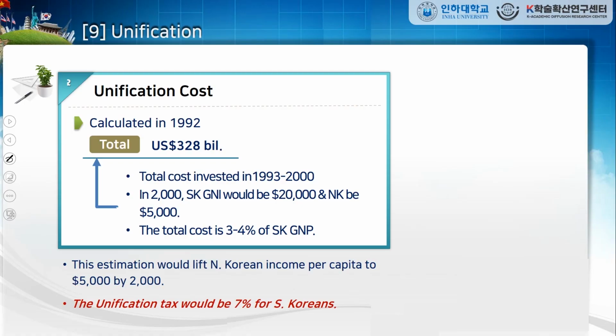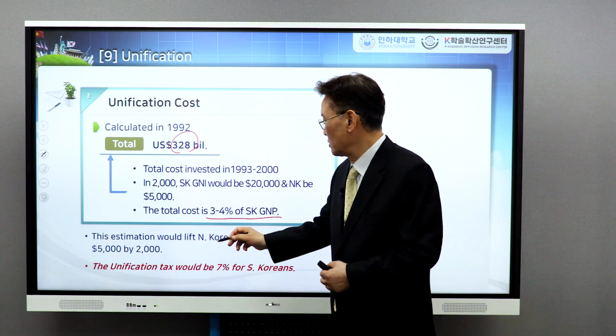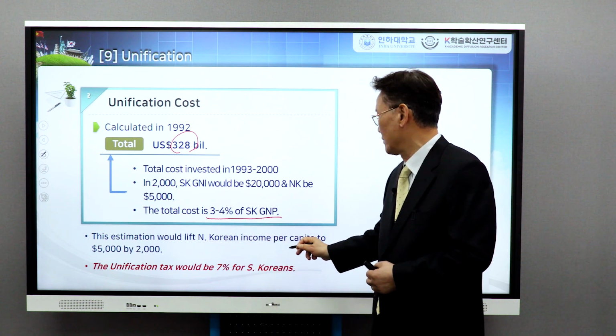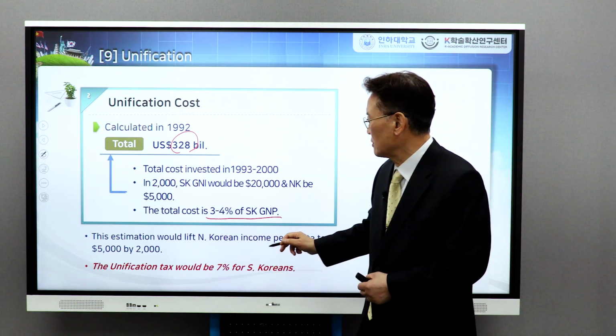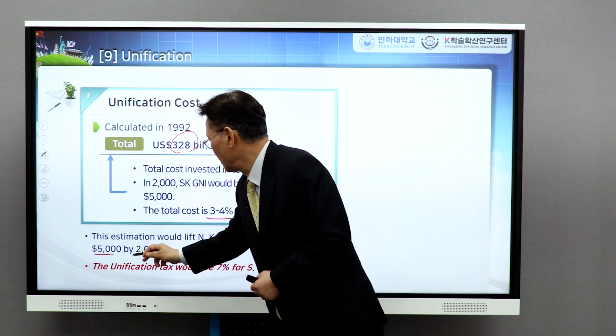The total cost of $328 billion would be between 3 and 4% of South Korean GNP. And many experts thought that it was possible for the South Korean government to provide the total cost, over $300 billion. Again, this estimation lifts North Korean income per capita to $5,000 in the year 2000.